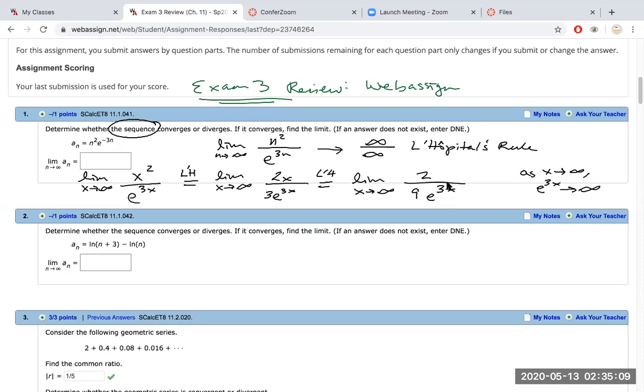Remember, if this bottom portion here moves toward infinity, that means your entire limit moves to 0. Okay. So that's the gist of what you would need to show for this particular problem. The limit is 0.